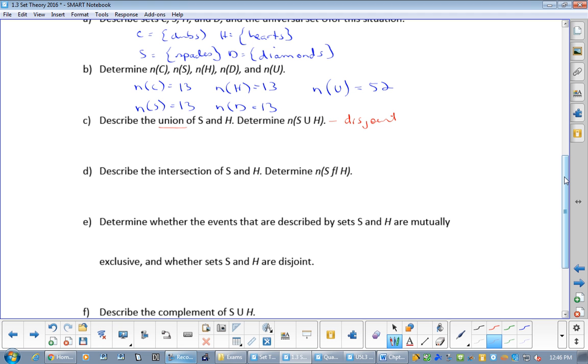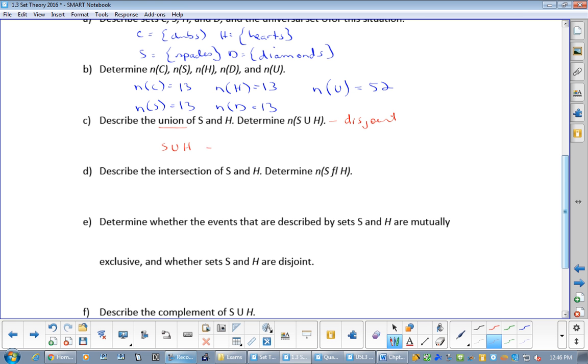So the union, so we're doing S union H. What does that mean? Or. Okay, so how many spades or hearts are there?